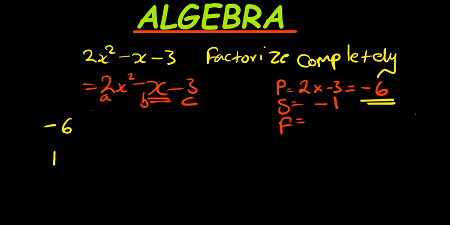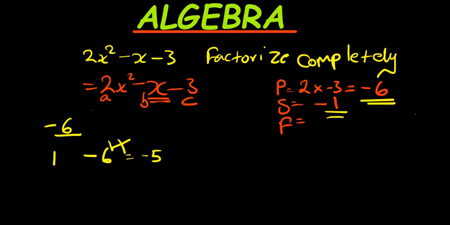When you divide 1 into negative 6, you get negative 6. Then you either add or subtract these values. If I say 1 minus 6, that gives me negative 5. Is that my sum? As you can see, it is negative 1, so that's wrong. You continue to the next one.